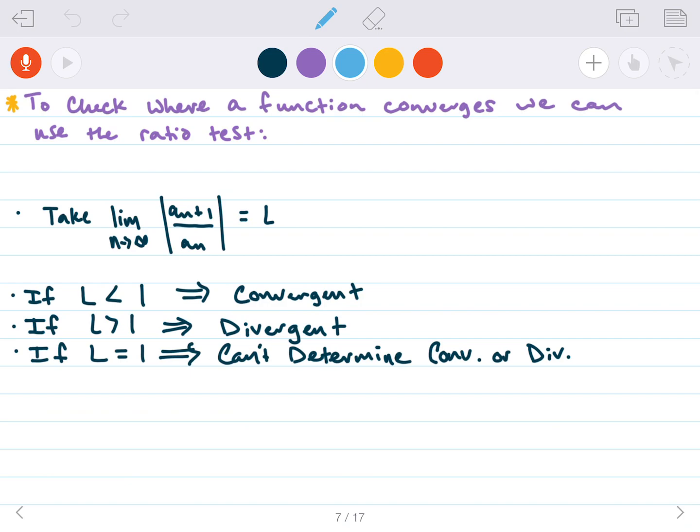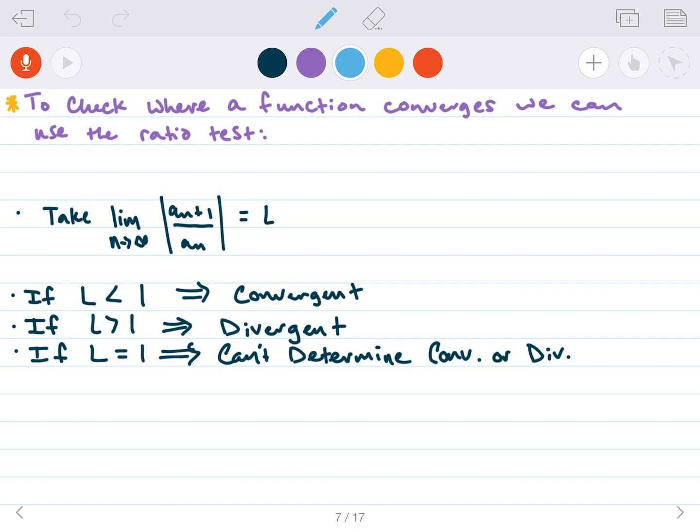All right. So we are going to be using the ratio test quite a bit in this video. So just remind yourself of what this is from last week. We're going to check to see where these series converge with the ratio test. And this is it if you forgot it.